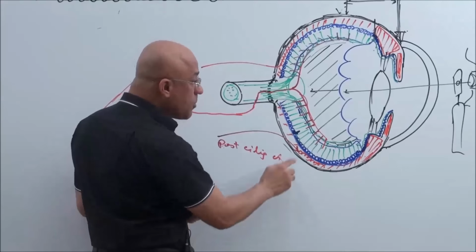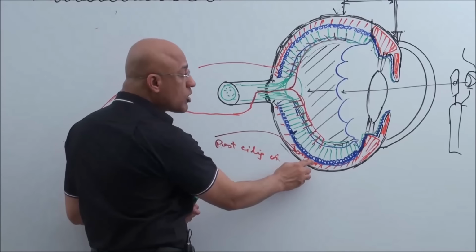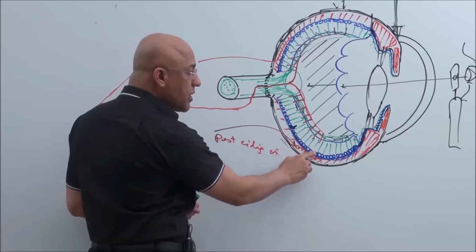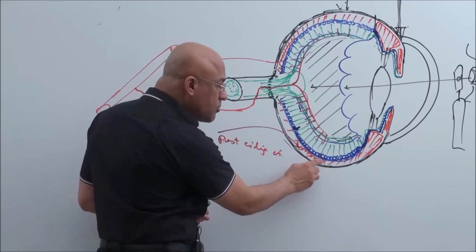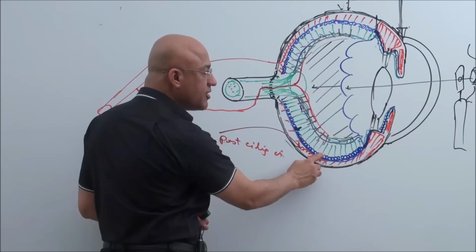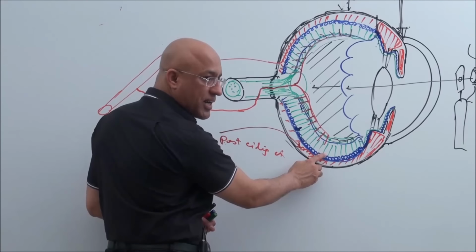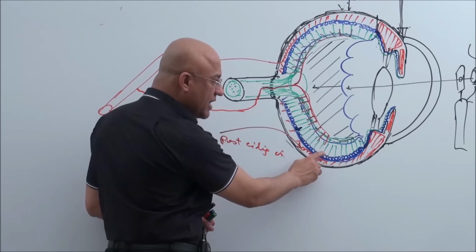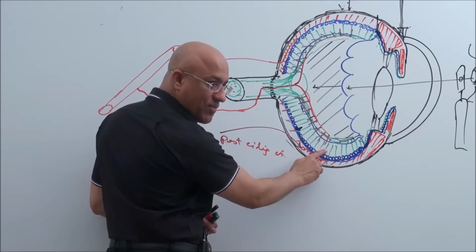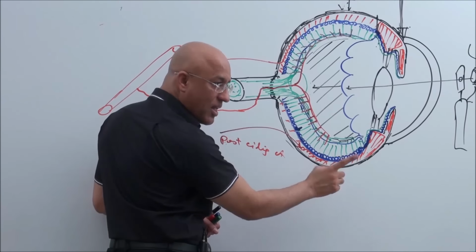Capillaries from the choroid, but these capillaries do not cross the pigment layer. So simply oxygen or glucose or other nutrients diffuse through the pigment layer and supply the outer part of retina. Am I clear? Yes.